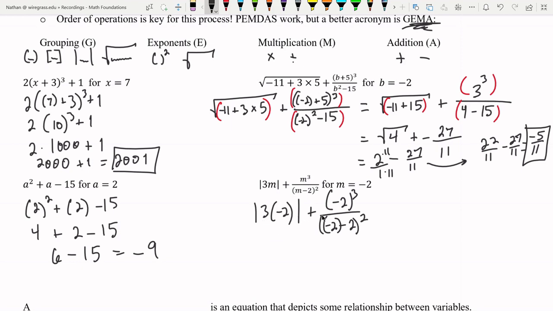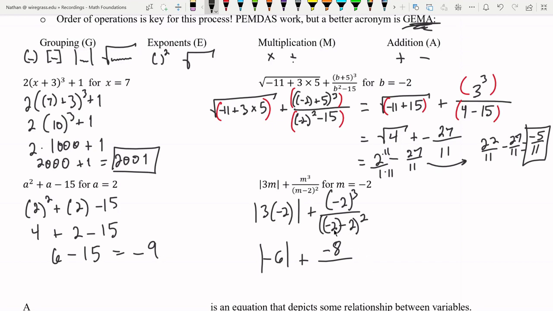I need to do all these things individually before I can do anything together. This one, positive 3 times negative 2 is negative 6. Negative 2 cubed is negative 2 times negative 2, which would be positive 4 times negative 2 again. Positive times negative is negative. 2 times 4 is 8.